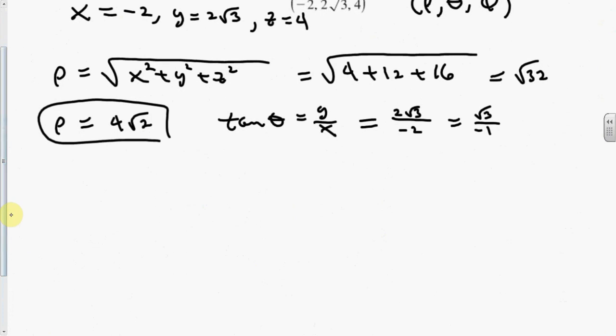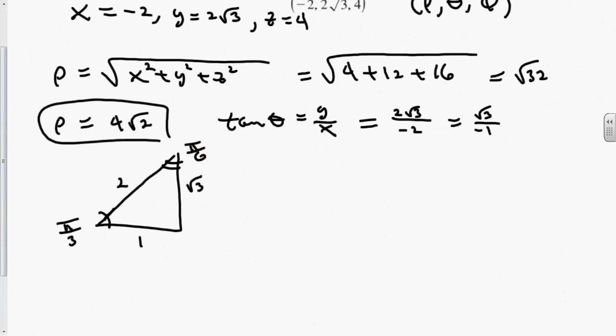Since this involves the square root of 3, I'm thinking of my 30, 60, 90 triangle again. So it's 1, 2, square root of 3, 60 degrees, pi over 3, 30 degrees, pi over 6.